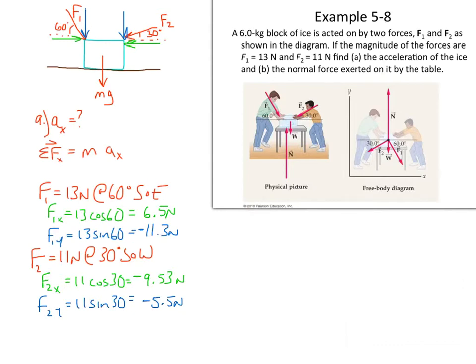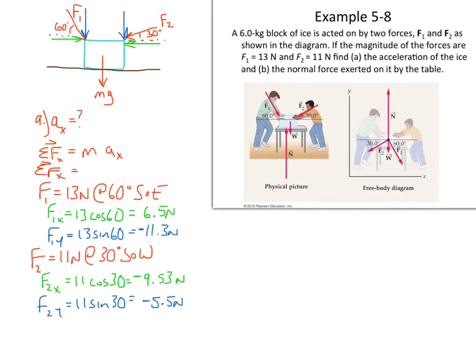Okay, so let's sum the forces in the x direction, because the acceleration in the x is what we want to find. I'm going to go back up here and in this little spot right here, make a statement about the net force in the x direction. I guess it might be more helpful if I had written that in green, because green is typically our x direction, but that's all right.